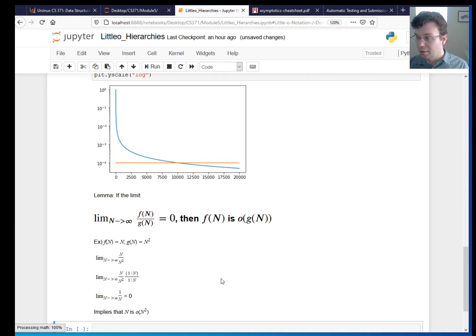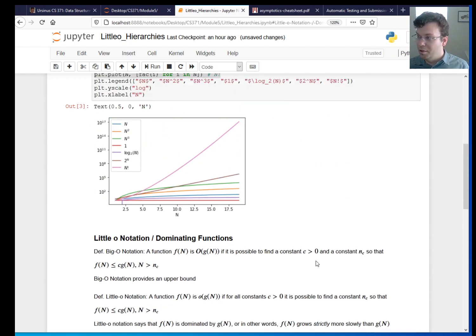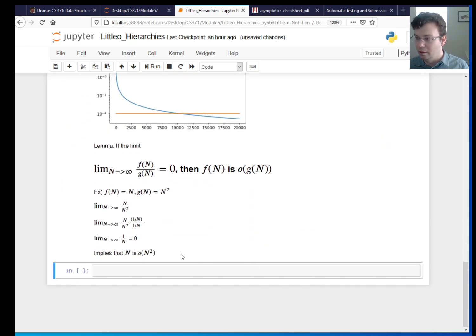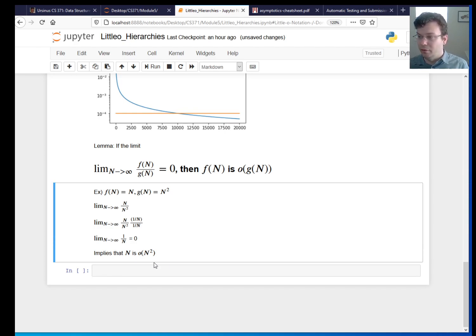Okay. All right, so that's one of the pieces of the puzzle here. We've now rigorously proved that this blue curve really is dominated by the orange curve. So n squared is worse than n in that sense. But we can go further than this.